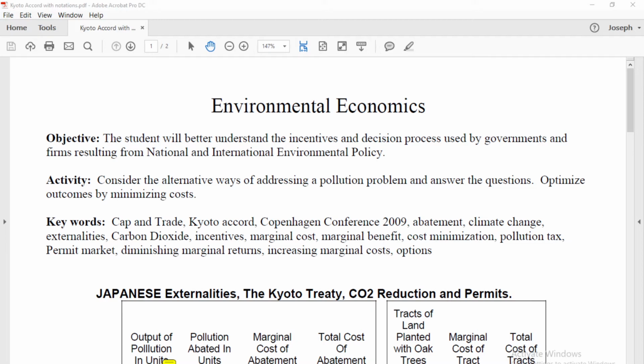So we often think about carbon dioxide as being natural, and it is a natural part of breathing. We're breathing out carbon dioxide, and carbon dioxide is part of the natural atmosphere and so forth.